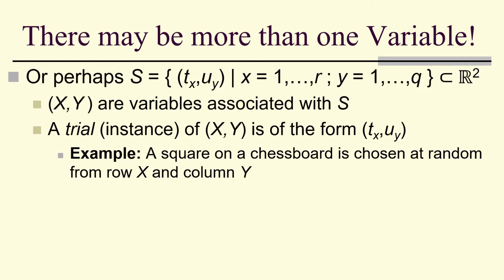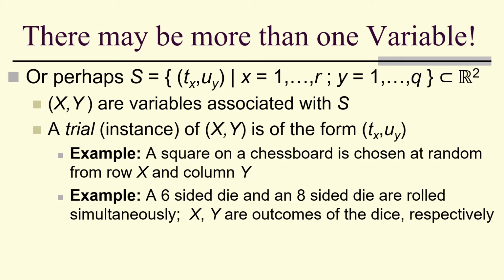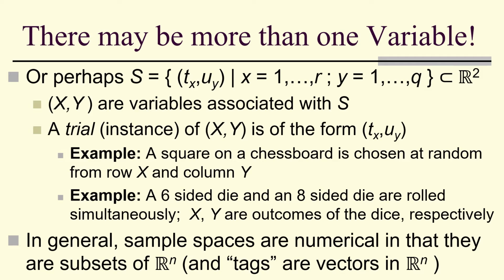For example, a square on a chessboard chosen at random from row X and column Y, or a 6-sided die and an 8-sided die are rolled simultaneously. X and Y are the outcomes of the dice respectively. In general, sample spaces are therefore numerical in that they're subsets of Rn, and the tags are vectors in Rn.